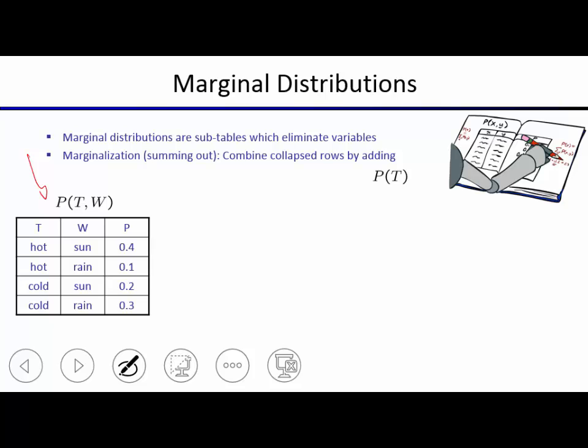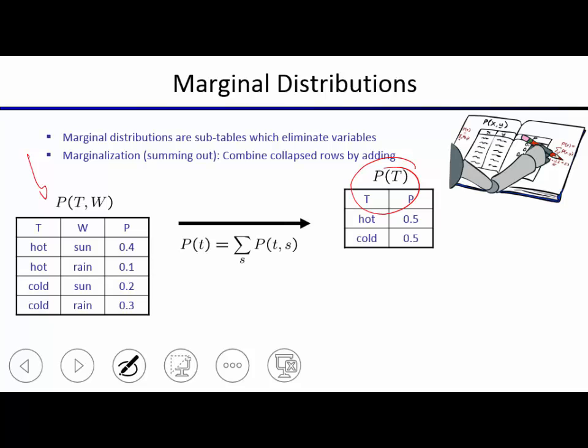Let's say we're interested in the marginal distribution for T. That means we're interested in a table that just has the random variable T in it, which can take on the values hot or cold, and then we want the corresponding probabilities. So this is what we would get. We know how to compute this. These are just two events for which we compute the probability.